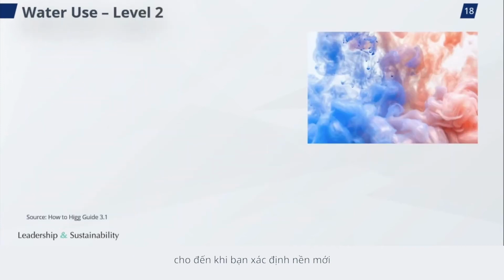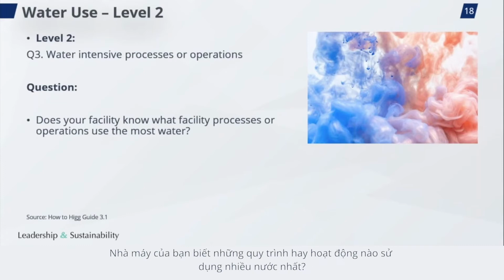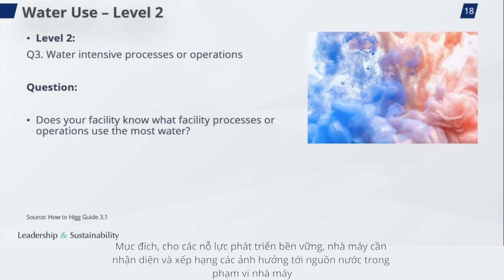And the next question, at level 2, is question 3. Does your facility know what facility processes or operations use the most water? And the intent here is that for sustainability efforts, a facility should identify and rank water impact influences within the facility boundary.